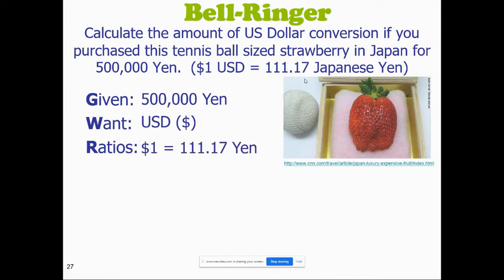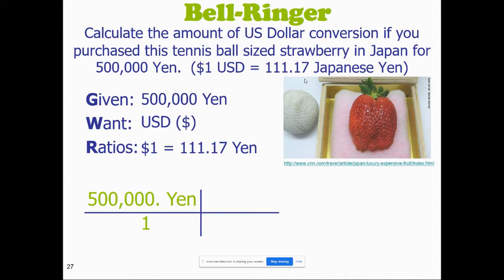So the first thing we're going to do is write down our given and put it over 1. Put over 1 to remind you that we're multiplying fractions. Okay? Then we're going to use our ratio to convert to dollars. So we have this ratio. We know every $1 is equal to 111.17 yen. So we can make this into a fraction.